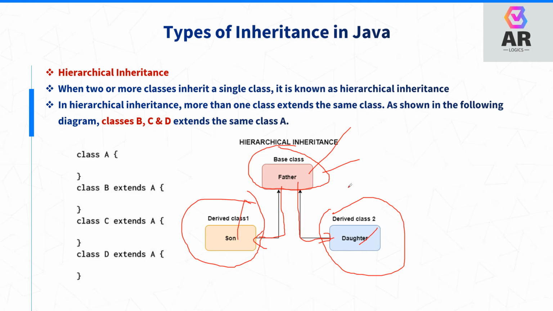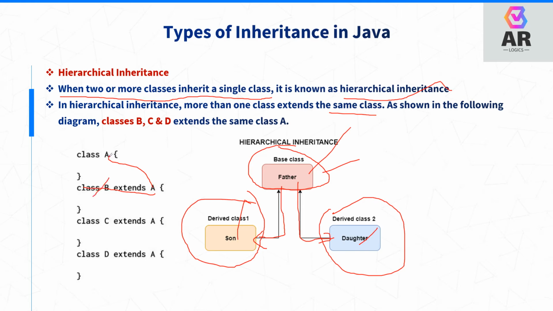So in a similar way, when two or more classes inherit a single class, it's known as hierarchical inheritance. Hierarchical inheritance means more than one class extends the same class. More than one class extending father property, giving to the son.